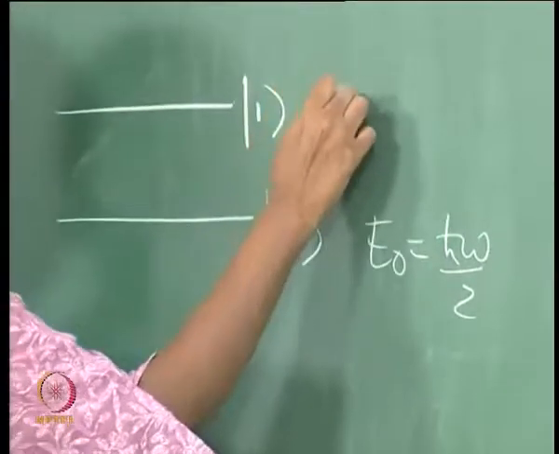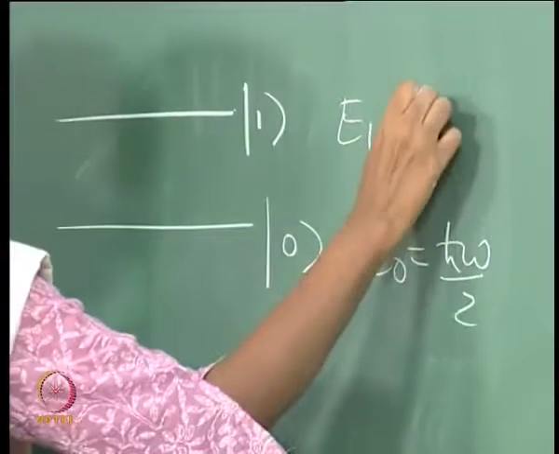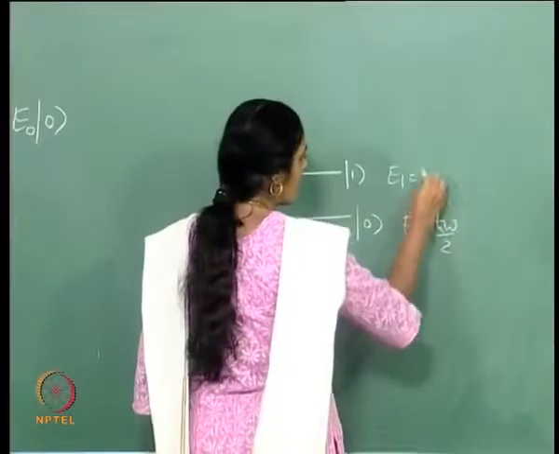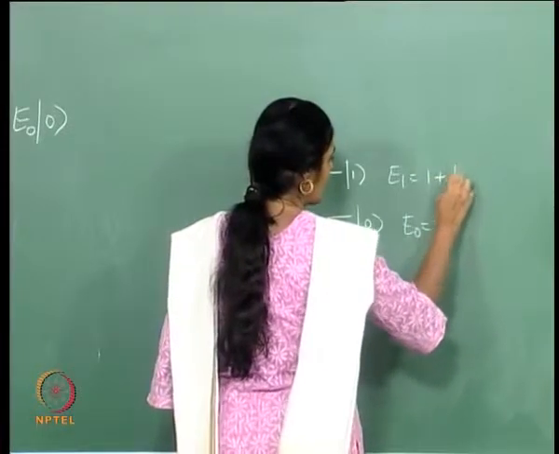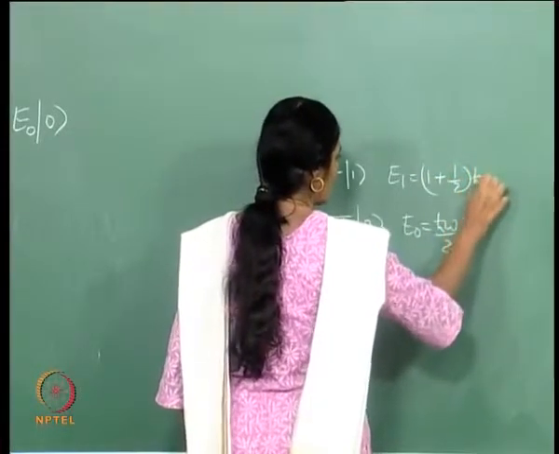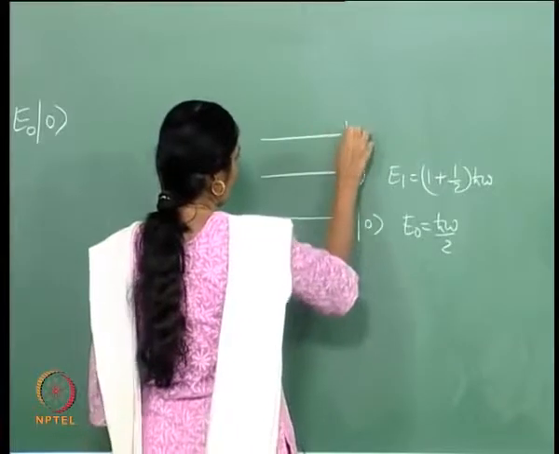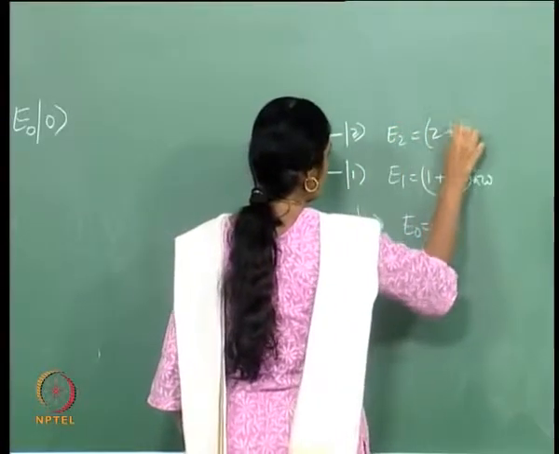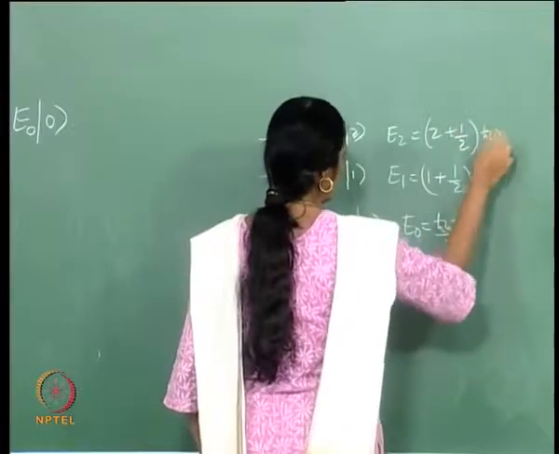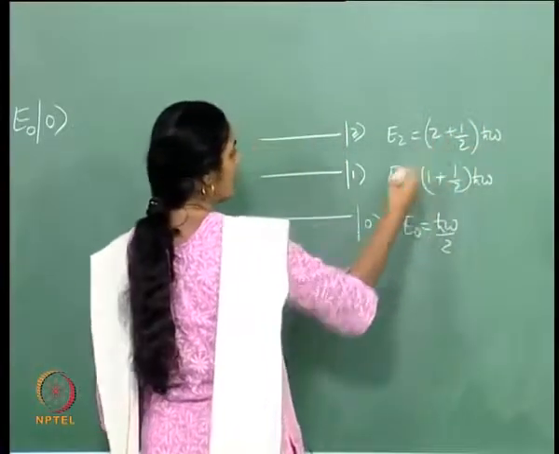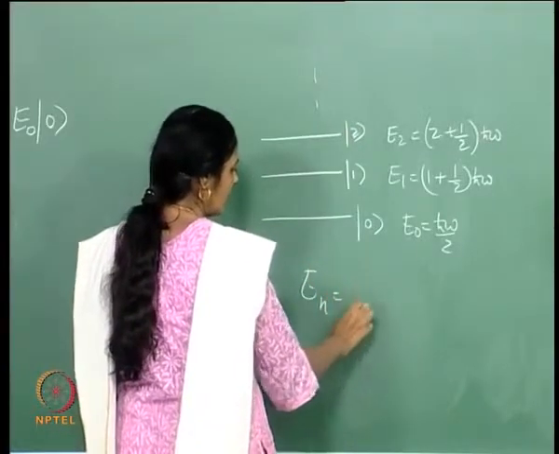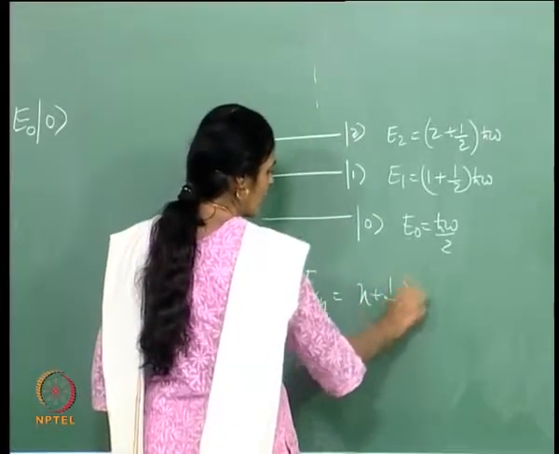Then there is ket 1 with energy E1, which is E0 plus ħω, so 1 plus half ħω. Then there is E2 with energy 2 plus half ħω, because I would have added one more increment to this, and so on, and therefore E sub n is n plus half ħω.